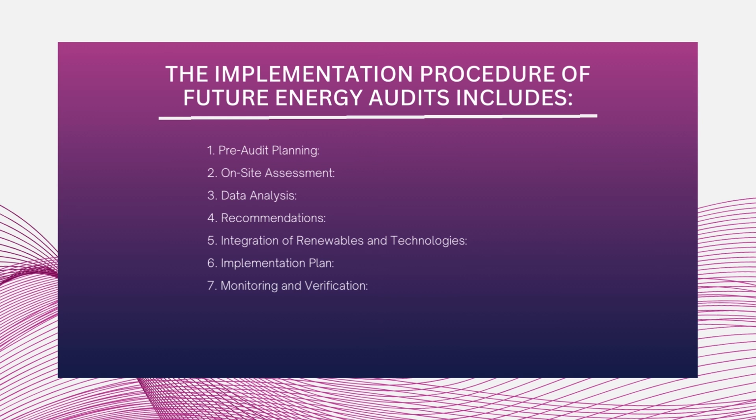Next is implementation plan. Then a prioritized plan for implementing recommended energy saving measures is developed considering budget, timeline and resource allocation. Next is monitoring and verification. The performance of implemented measures is continuously monitored and measured to ensure they achieve the desired energy saving goals.